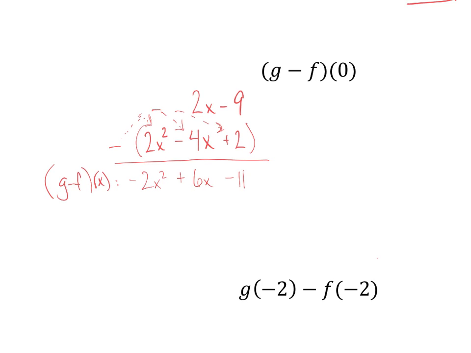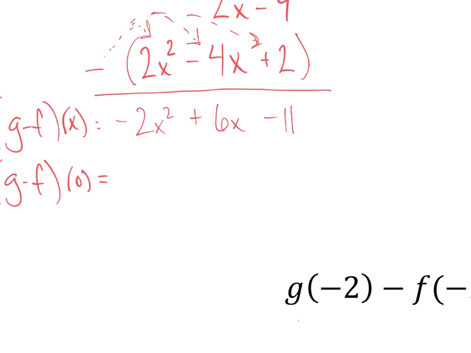But we want to know what g minus f of 0 is, so now we just have to plug in 0 for x. So g minus f of 0 is going to be negative 2 times 0 squared plus 6 times 0 minus 11.